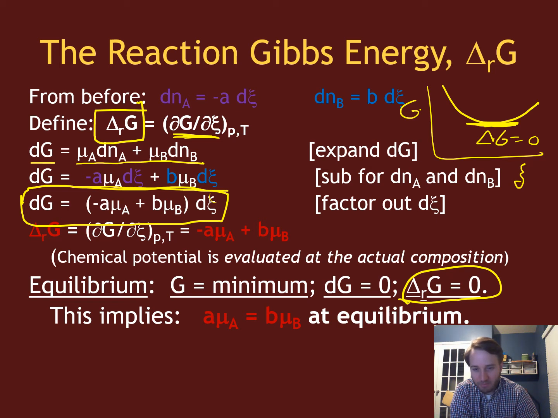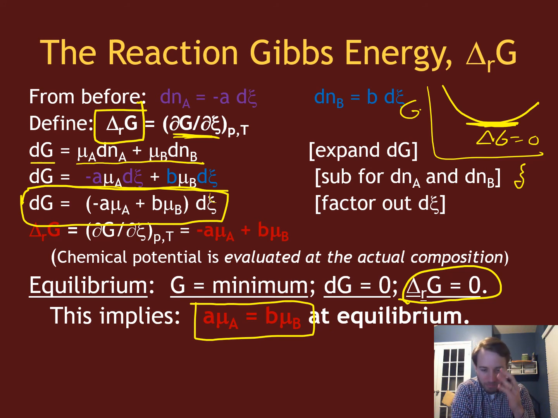And so the minimum is when that free energy change is no longer changing. And that then occurs at this point here, a mu_A equals b mu_B. And so that is when equilibrium occurs.